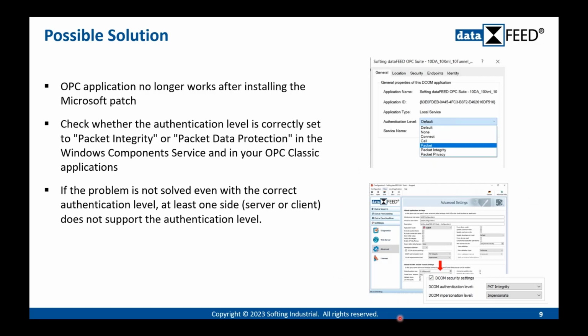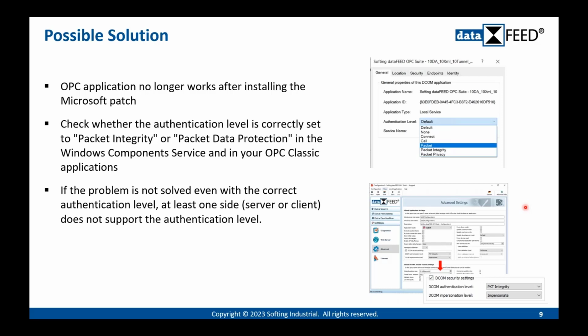The same, you have also the possibility in, for example, our DataFeed OPC Suite to set the DCOM authentication levels. It must also be minimum packet integrity. If this is not solving your problem, even with the correct authentication settings, at least one side, the server or the client, in your case, does not support this newly introduced authentication level, which is now a must from Microsoft.